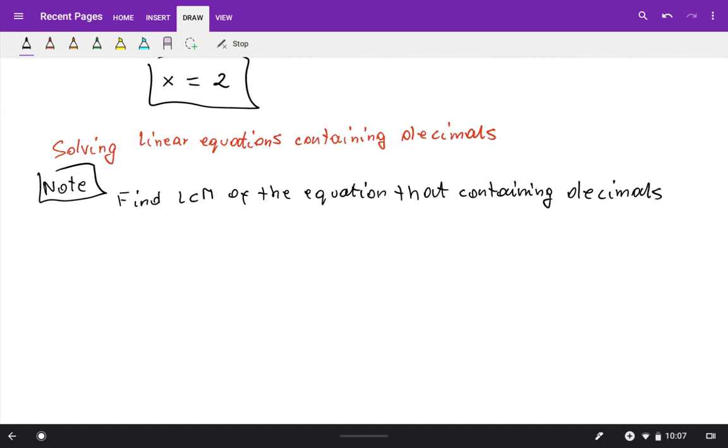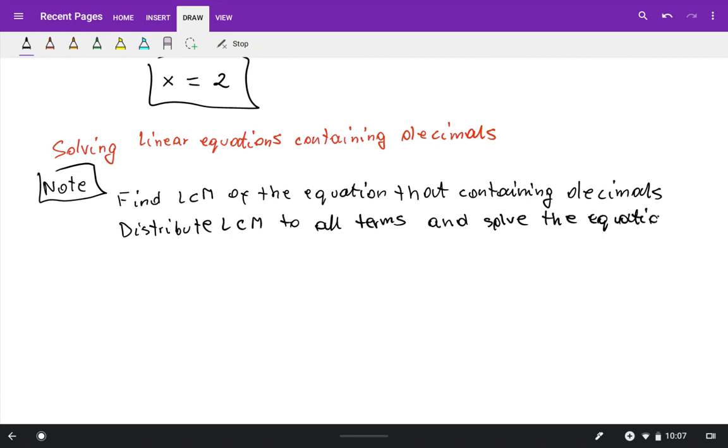And solve the equation. Then what you're going to do, distribute the LCM to all terms and solve the equation by following the same steps as equations with fractions.